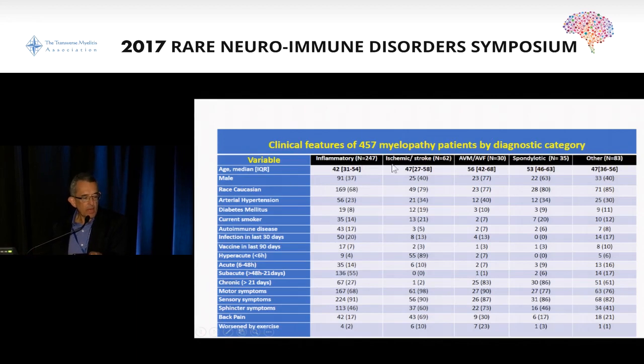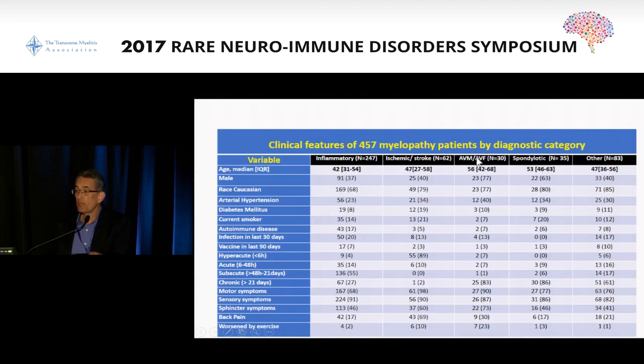And from the 457 patients with myelopathy, 247 were diagnosed as inflammatory myelopathy, 62 were diagnosed as ischemic myelopathy or stroke, 30 were diagnosed with arteriovenous malformation or arteriovenous fistula.